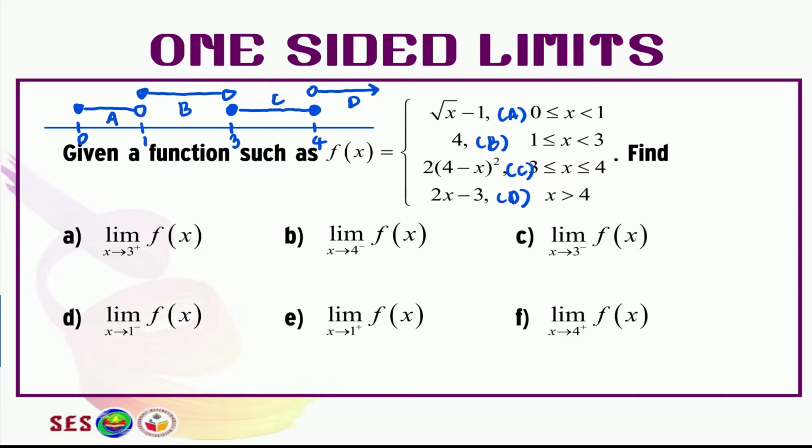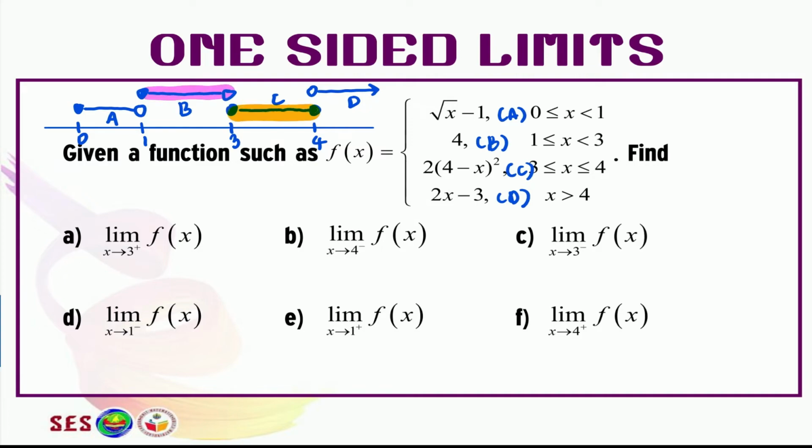In question A, we want to find the limit when x is approaching 3 from the right. So, similar to the graph, you are going to only focus on the function around x equals 3. So, these two functions, this and this.